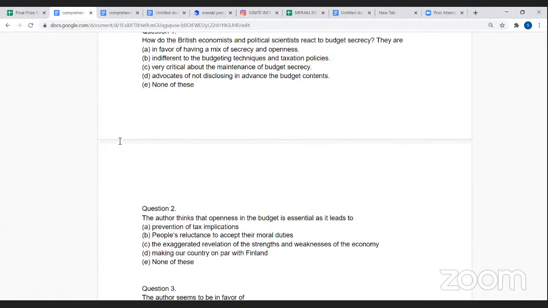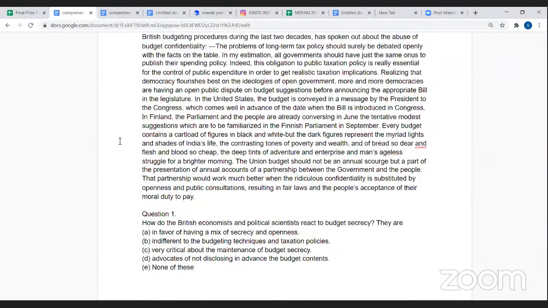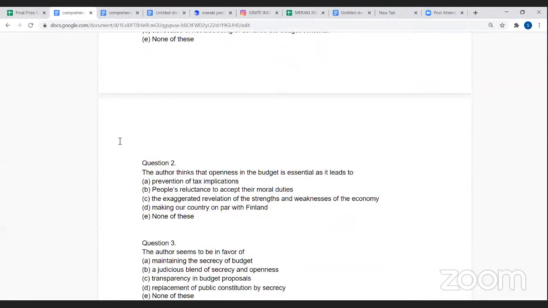But the correct one is in the bottom two. It's D.